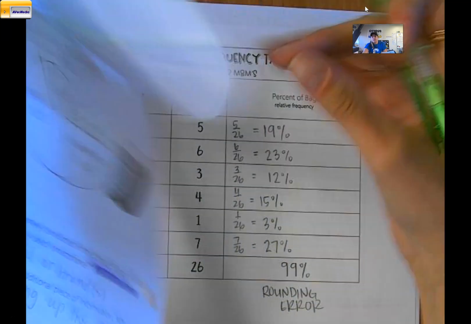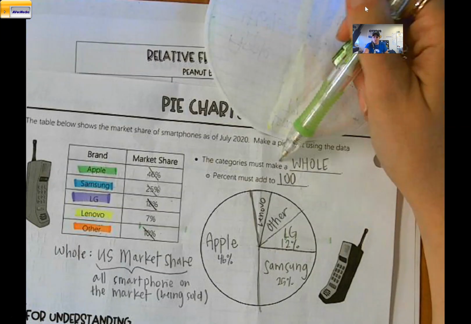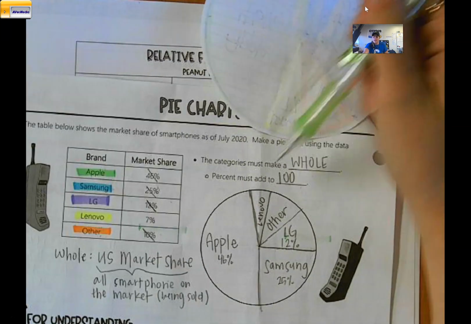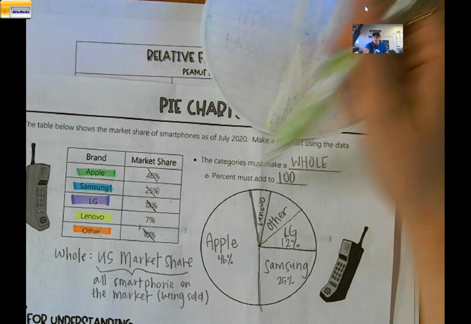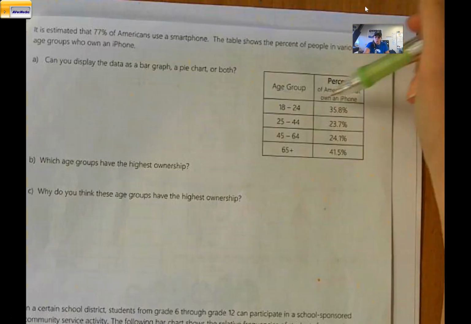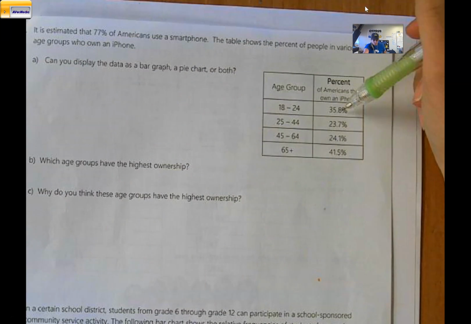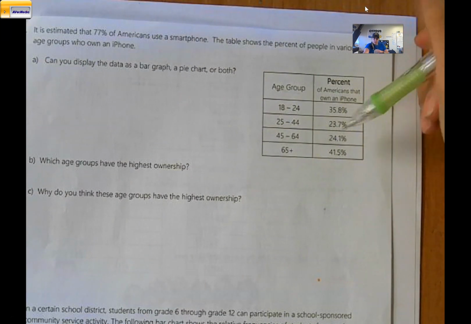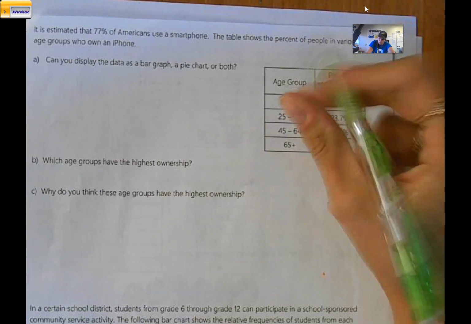Now, the guidance that we have is that the categories must make up a whole, and the percents must add to 100. So the first thing that I'm going to check is what these percents add to. So I'm going to go through and add the age groups.